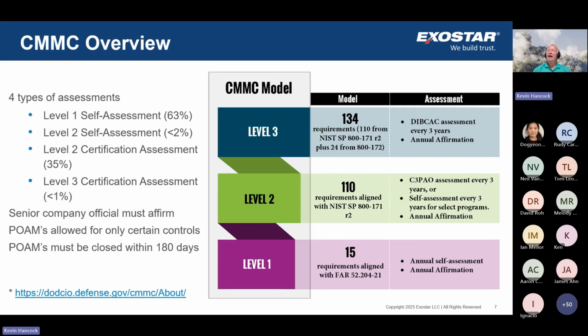If you have a 1-point control and it's an allowed 1-point control, the assessor will give you a conditional pass. You'll have 180 days to close that, what's called a POAM, a plan of action and milestones. That's what that POAM means on the slide. You'll have 180 days to close that. Then the assessor will come back, make sure you do that, and then they'll be able to give you a full pass.